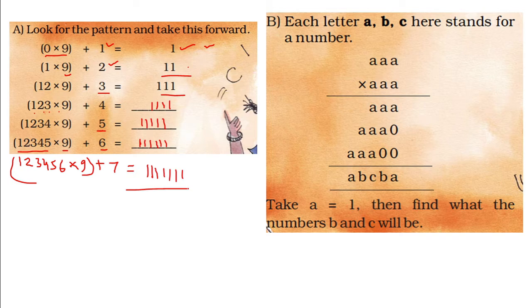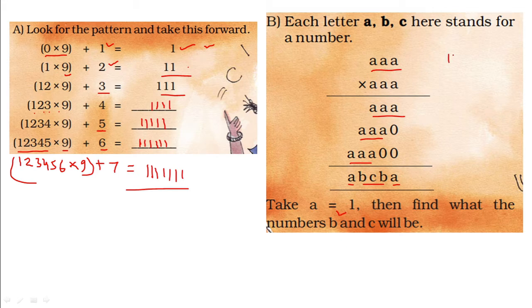Each letter ABC here stands for a number. Okay, we know the multiplication. Triple A means some number is here. We will multiply the number with the same number. So what will we find? We will find the same number, same number, same number. Here, same number, and something will change here. Okay. So what if we will take A is equal to 1?